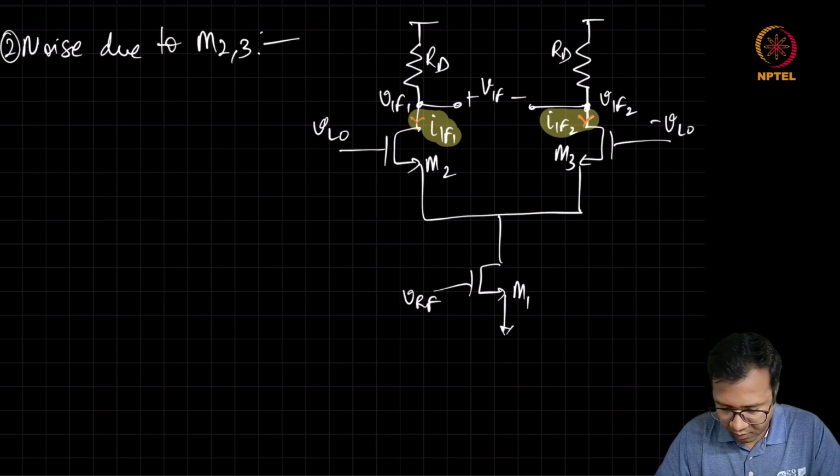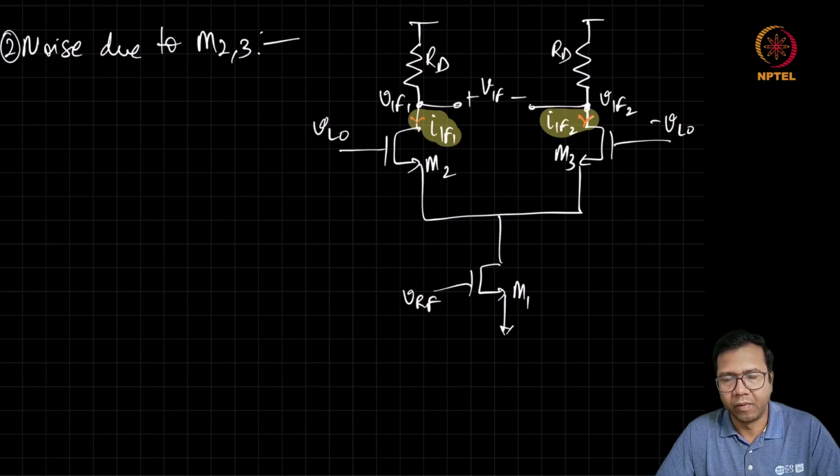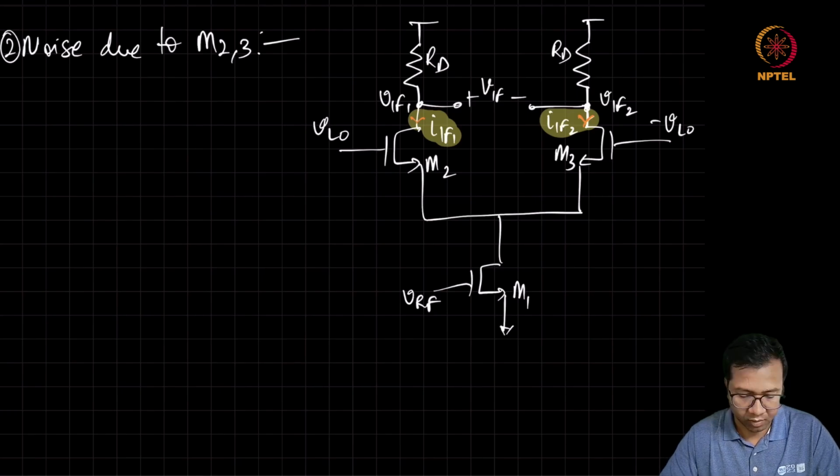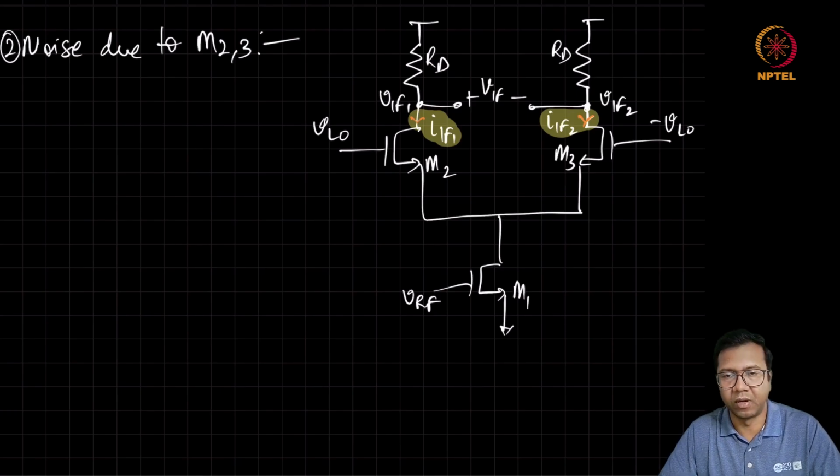Now let us try to understand how noise due to M2 and M3 appears at the output. When analyzing noise due to M2 and M3, we have to keep in mind that they are undergoing large signal switching. So we cannot just assume that noise coming out of M2 and M3 has a stationary behavior. Meaning the statistics of the noise from M2 and M3 are also going to change with time as they are undergoing large signal switching.